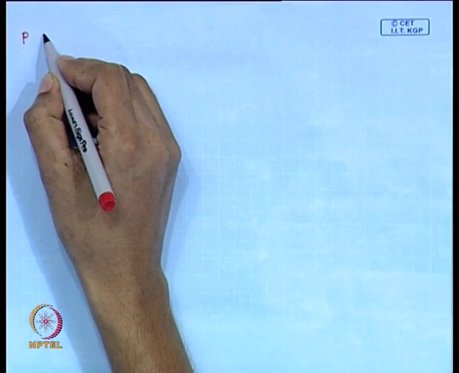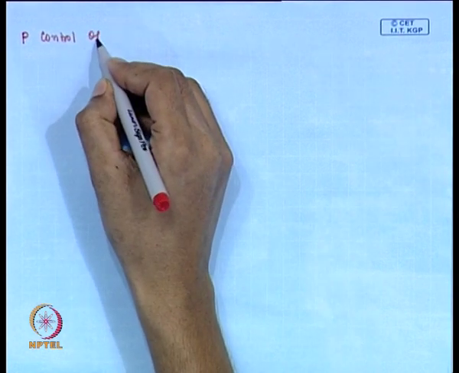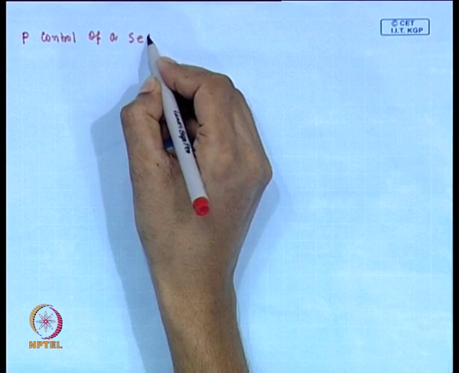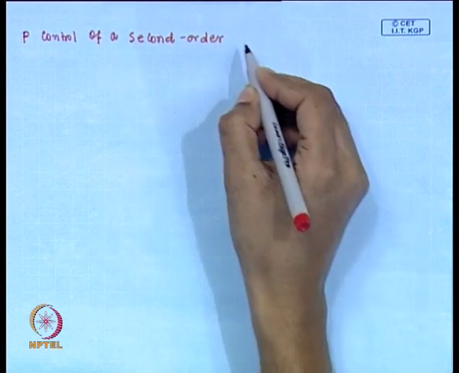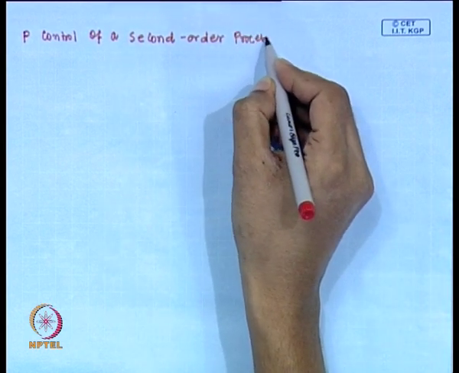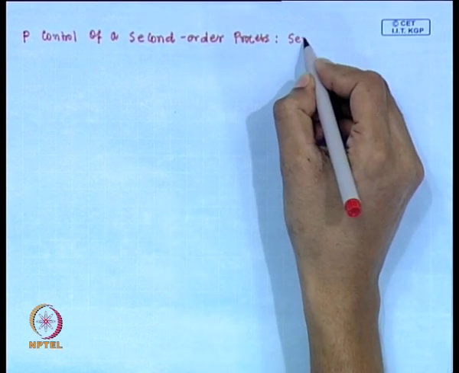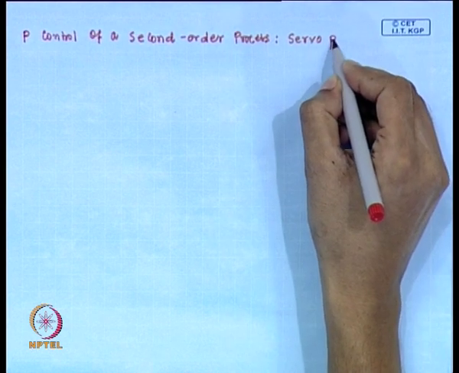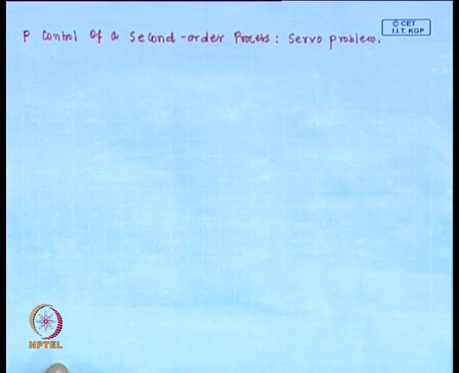P control of a second order process, and we will consider the servo case. Basically, we want to see the closed loop response of a second order process under P only control.